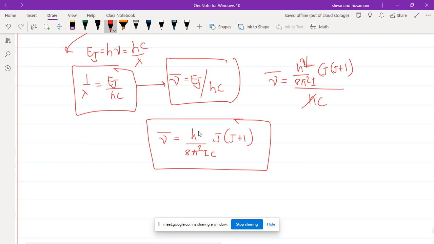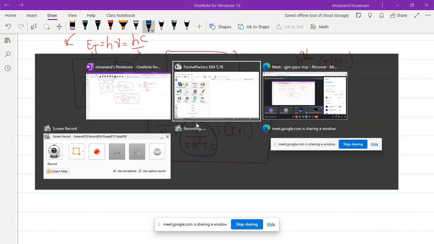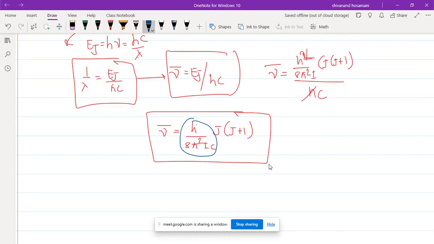Here we take the constant value h divided by 8 pi square I c and treat it as B. That is, B is equal to h divided by 8 pi square times I into c. So this is called the rotational constant.